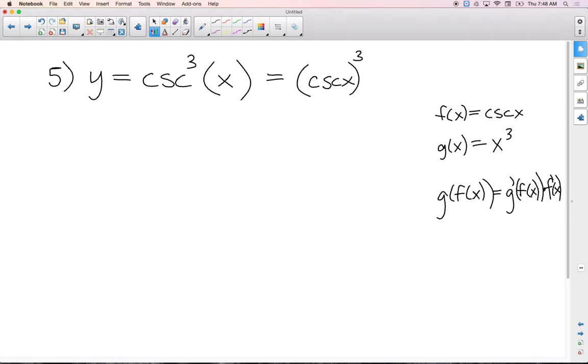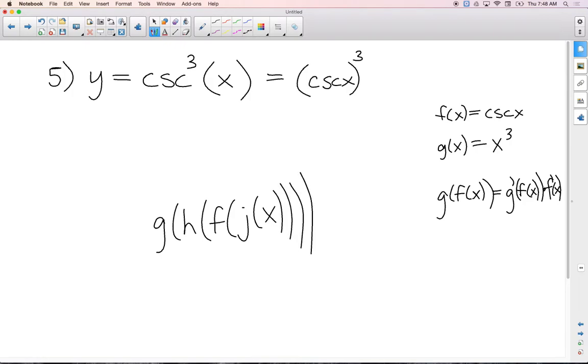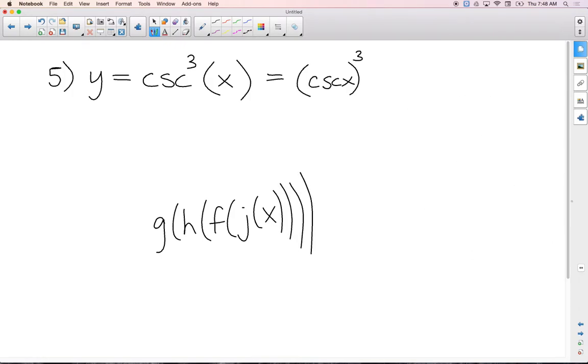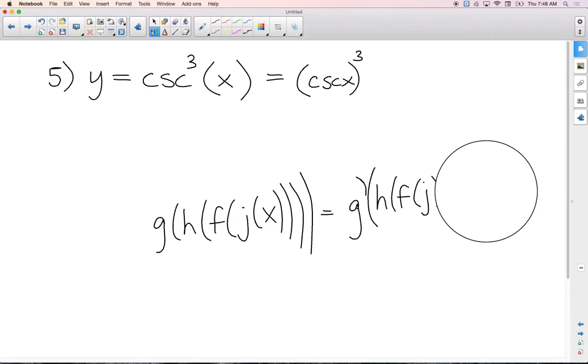Let's say I have four composites: g of h of f of j of x. How would you do the chain rule with this? You do the derivative of g in terms of all the middle, and here's what all the middle is: h of f of j of x.